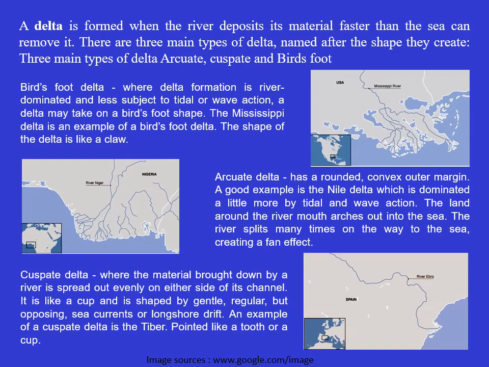So when the river water is less dense, it is almost like a floating body over the ocean water. That means the density difference between the ocean water and the river water is higher. That means ocean water is much denser than the river water. So river water is almost floating over the ocean water.